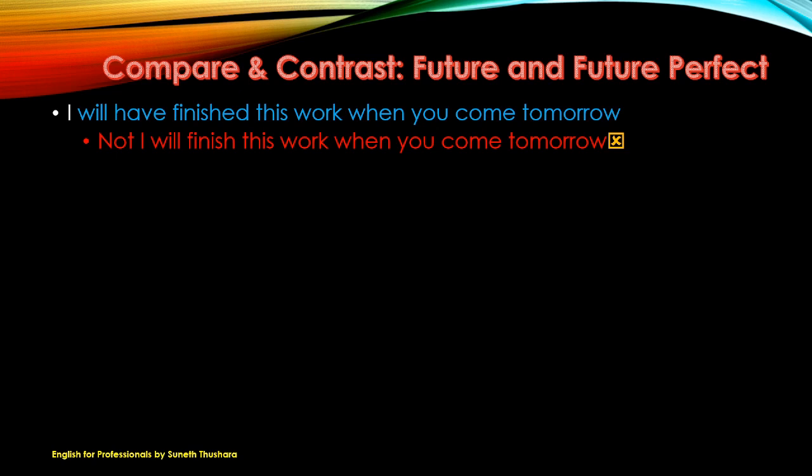The meaning is, when you come tomorrow I will finish this. Not that it will be finished when you come tomorrow. Understand the difference? In the first sentence, I will have finished this work when you come tomorrow. That is, the work will be finished when you are coming. Now, if you say, I will finish this work when you come tomorrow, that means once you come, I will finish the work.